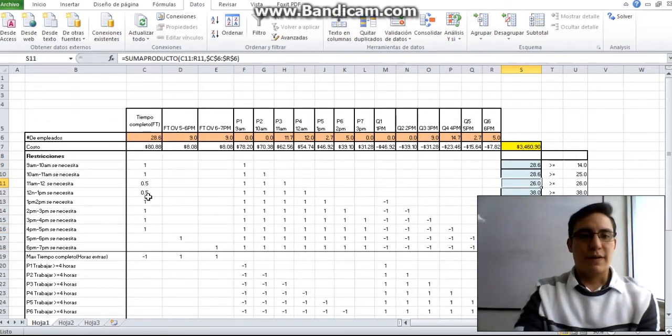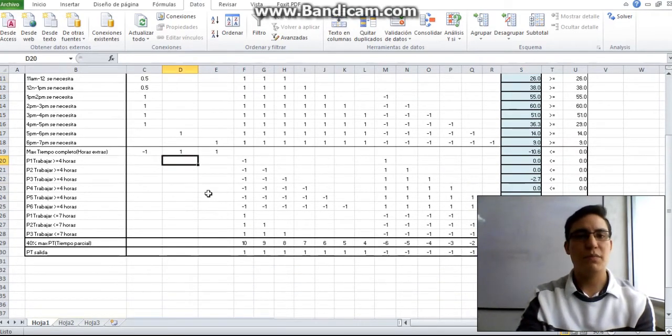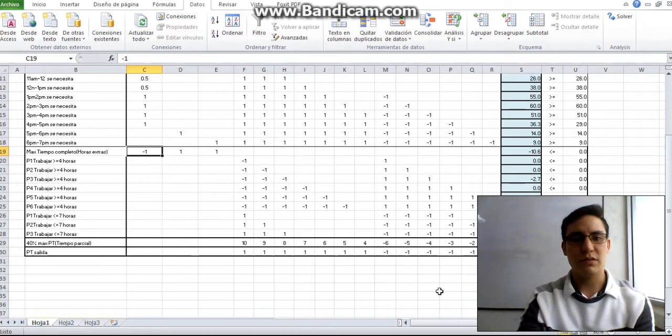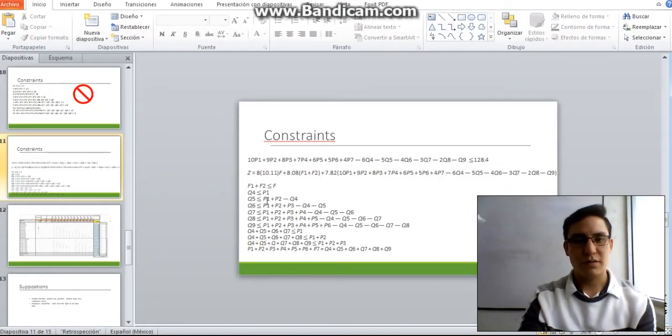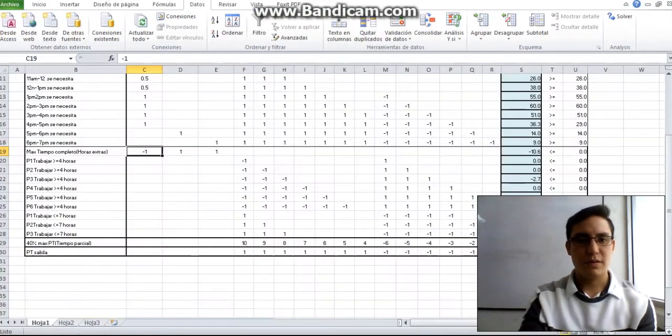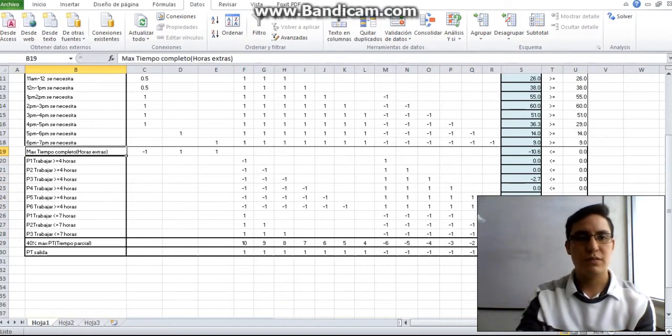Now I put the other constraints that I present. All these constraints. Let me see, put the other constraints.